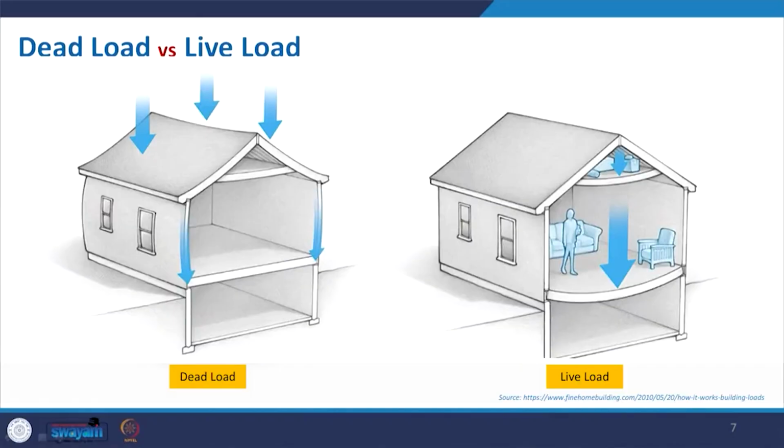So, now if I ask you what is dead load. The answer is very simple: all the material, all the structural component load of a building is referred to as dead load, whereas movable objects like furniture, human beings, machinery, these are live load. So, both are important in order to design it.